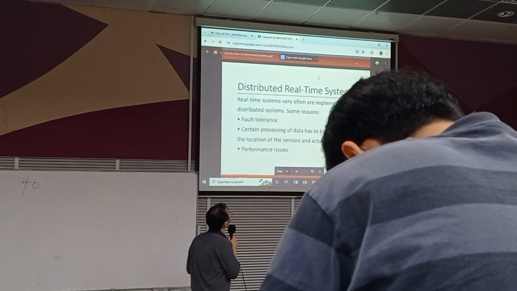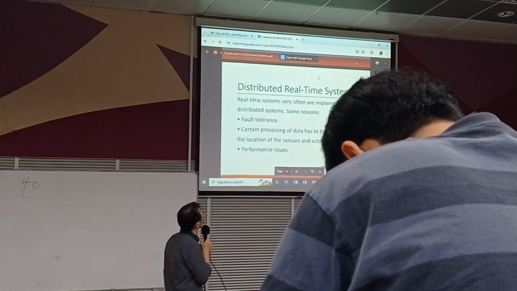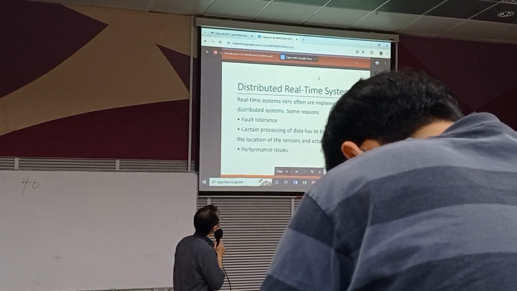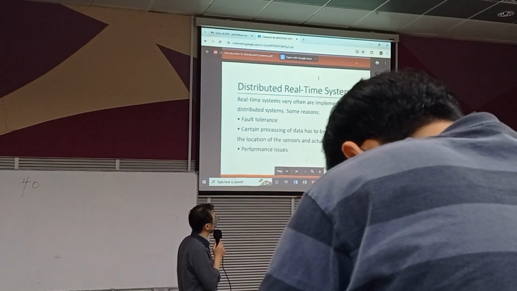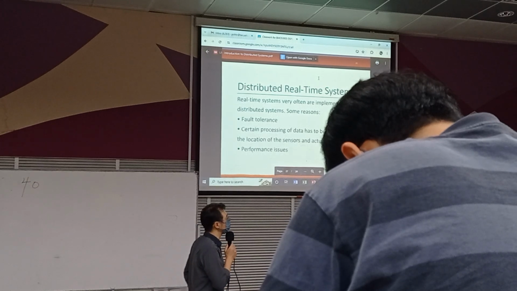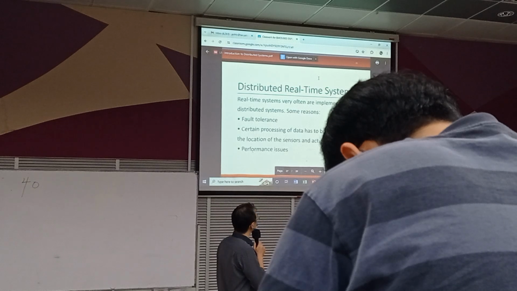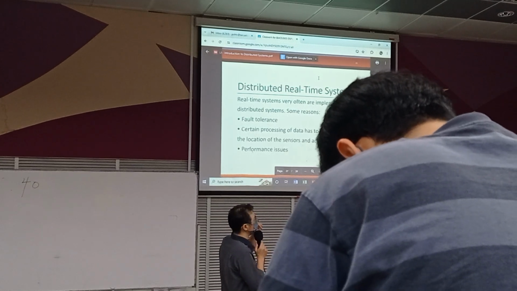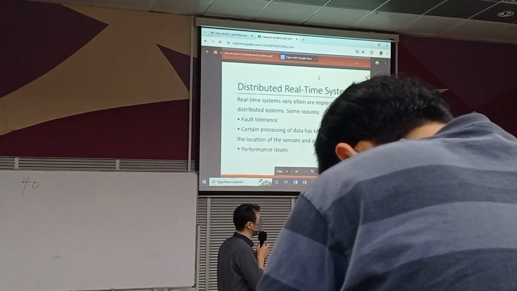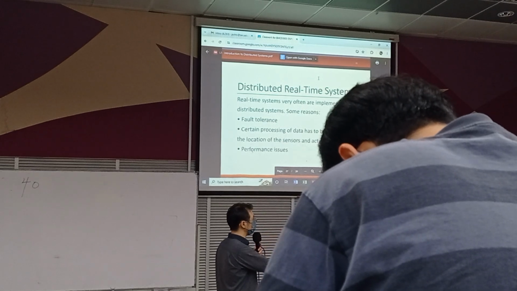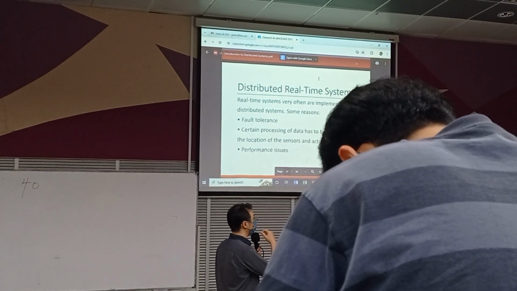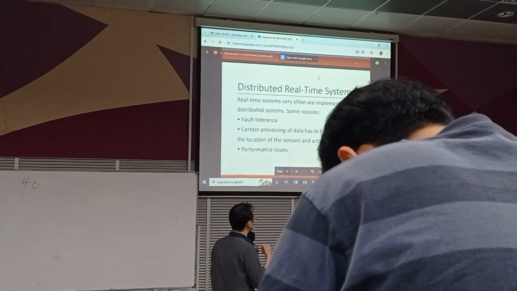And of course, when we talk about a real-time system, in our case, we have to talk about a distributed real-time system. We have to share the information in a timely manner, so that we don't have problems. Like for example, in the ATM example that I mentioned to you, the information needs to be shared in real time and on time, so that no mistake is made.